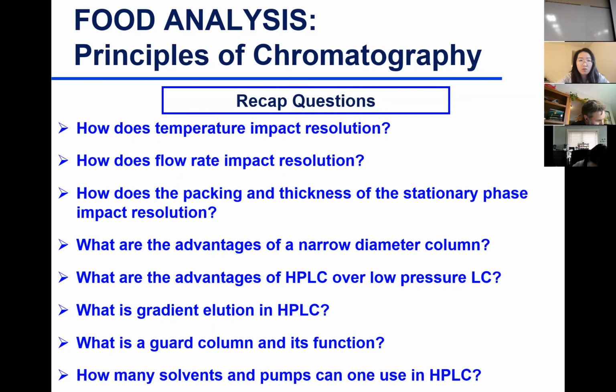How does the packing and thickness of the stationary phase impact resolution? So if we have a packed column versus a capillary column. In a capillary column, you have a hollow tube and a very thin stationary phase around the interior. So if you have thin stationary phase versus thick and packed stationary phase, how do you think that will impact the resolution?